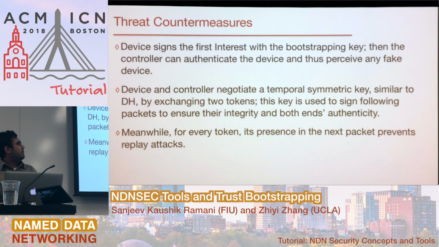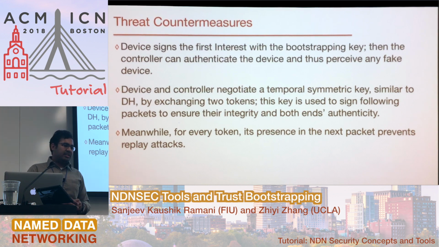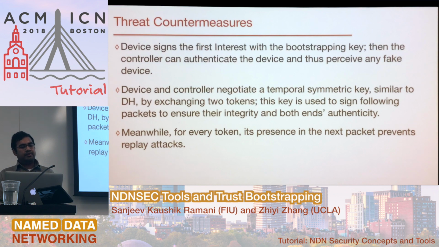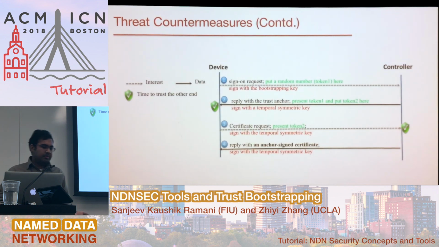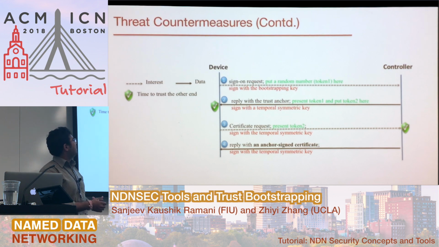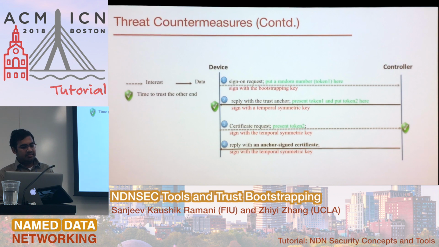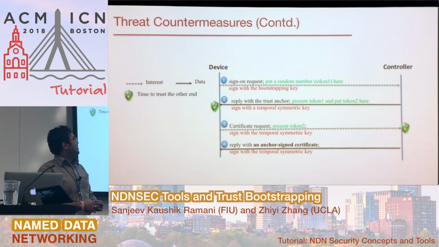Meanwhile, to prevent any kind of replay attacks or impersonation, there is some kind of random token that's passed on. It's like a nonce that's passed on either side, just to make sure that there is no attack being waged.